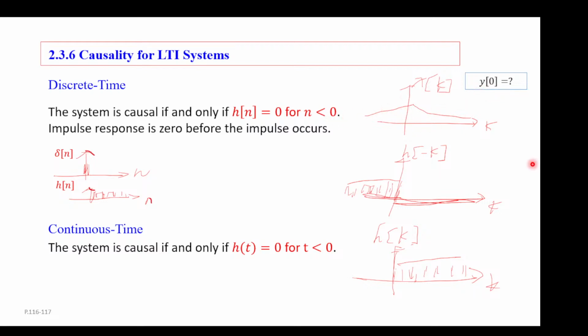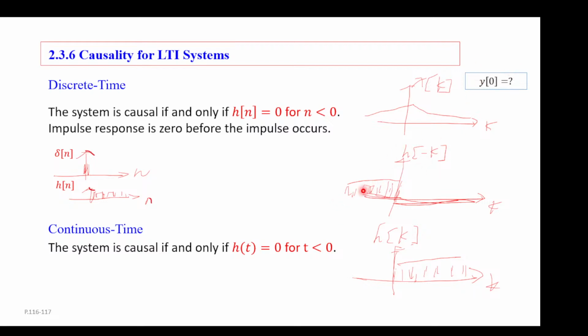Then we write out the convolution. So y of 0 should be this sum of the multiplication between x of k and h of minus k. And you see y of 0 should not depend on this positive x, right? This x of k for k bigger than 0 should not affect y of 0.